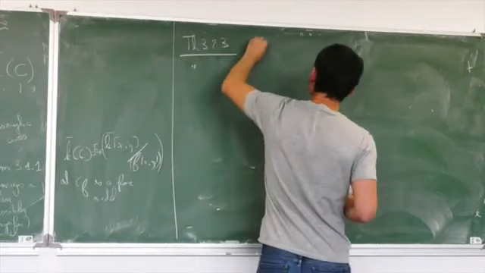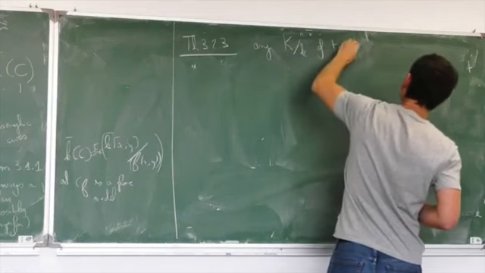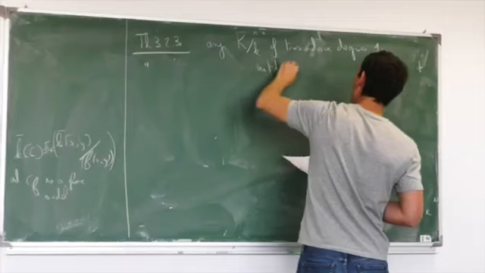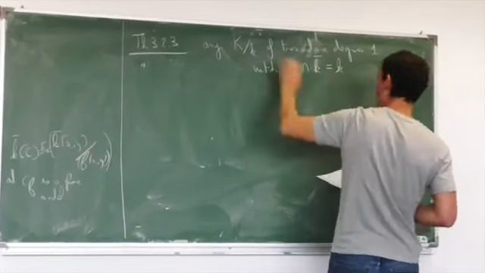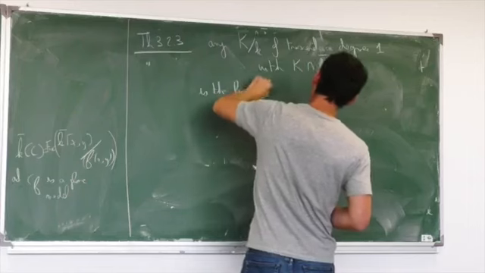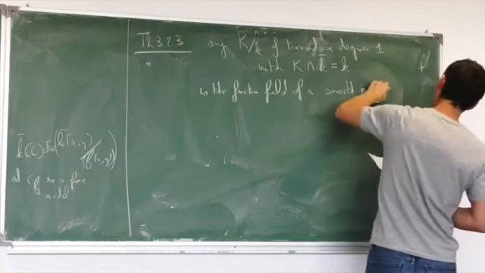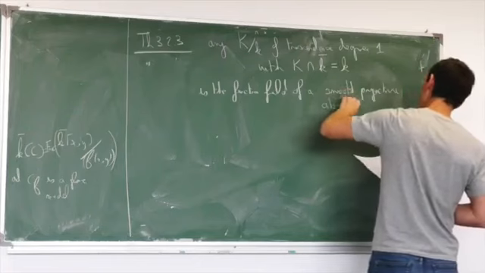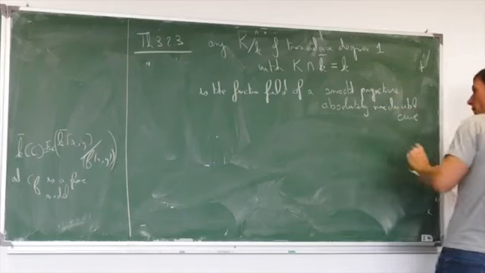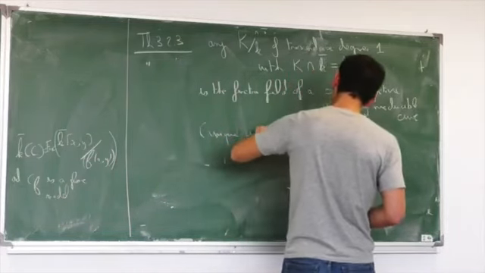any field of transcendence degree 1, with a bit of restriction, which is that the intersection with k bar is k, so this is just to preserve the arithmetic as well, is the function field of a smooth projective and absolutely irreducible curve, which is, because we have seen it here, unique up to k isomorphisms.